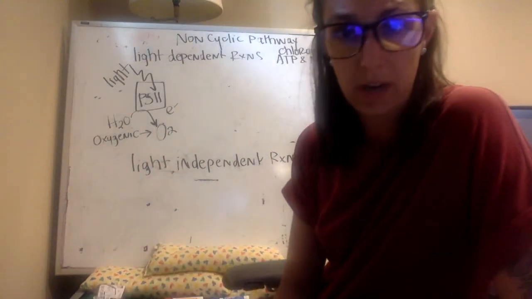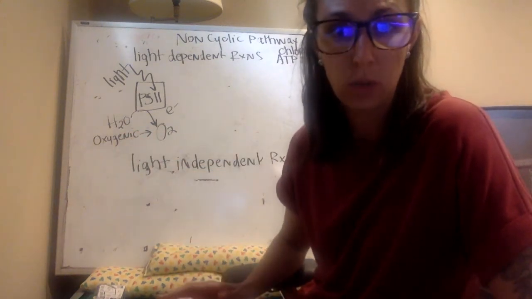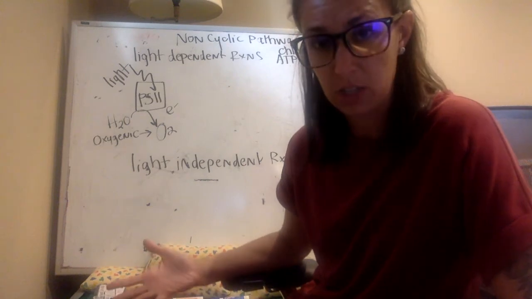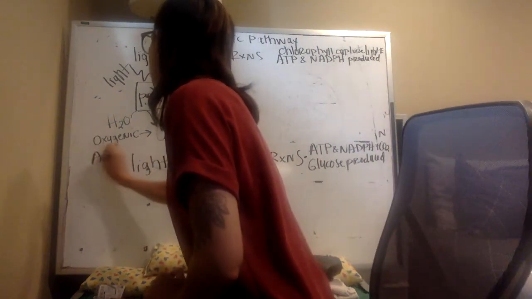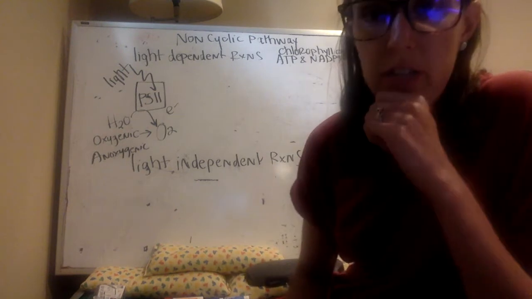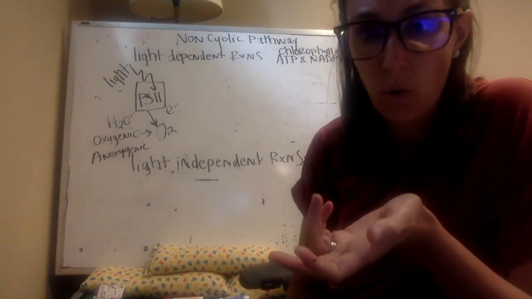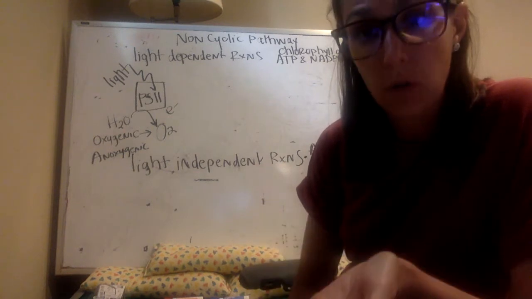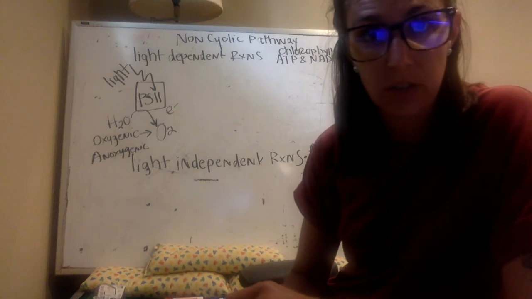There are some organisms that are anoxygenic, meaning that they don't split water, they split a different molecule, and they don't give off oxygen, they give off something else. You can look in your textbook for examples of anoxygenic organisms, but basically that means they don't give off oxygen, where oxygenic organisms are going to give off oxygen during this step.